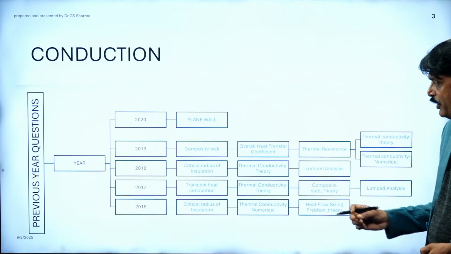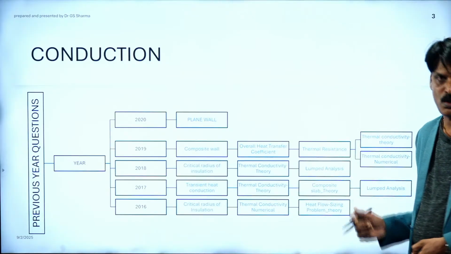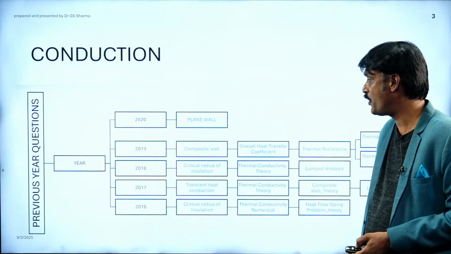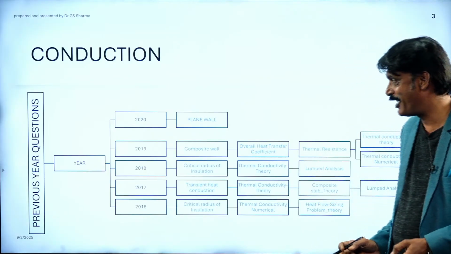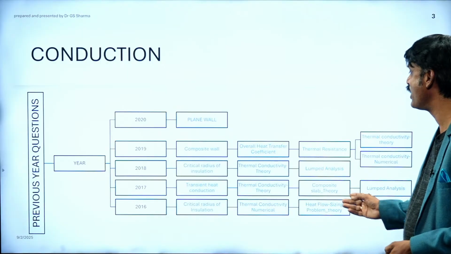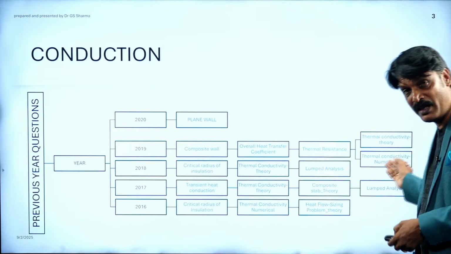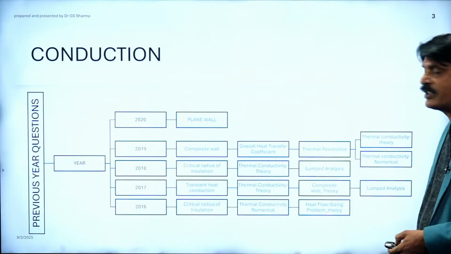If you go into the conduction questions, in the year 2020 there is one question on plane walls. Then in 2019 you have a bundle of questions: composite wall, overall heat transfer coefficient, thermal resistance, thermal conductivity theory, and a question on thermal conductivity numericals.